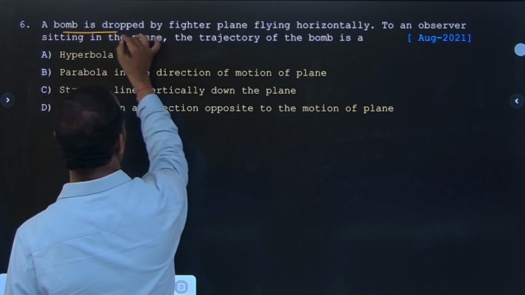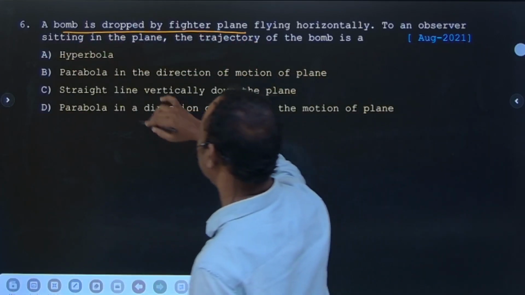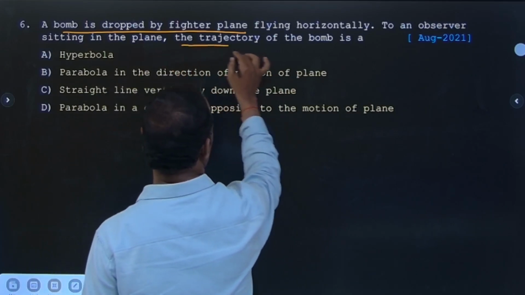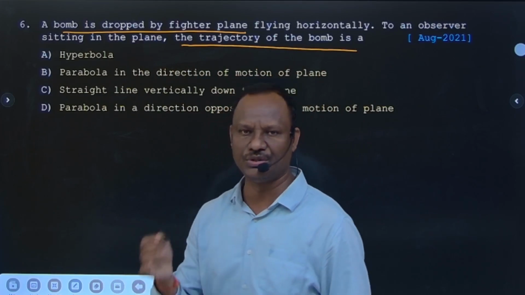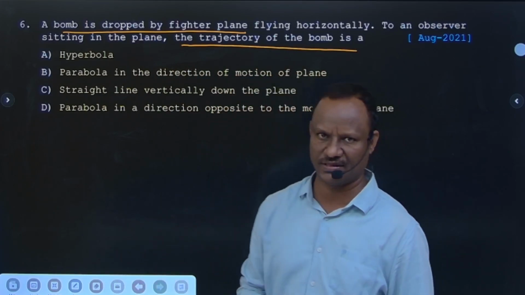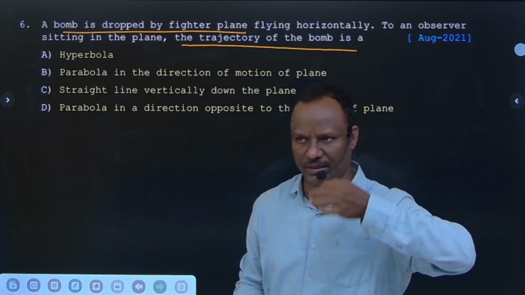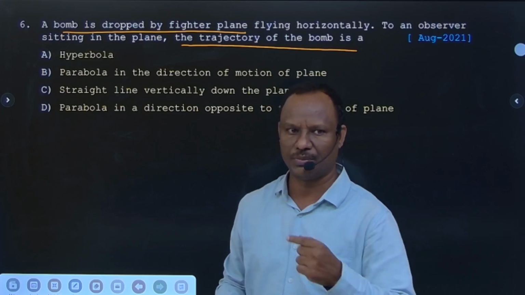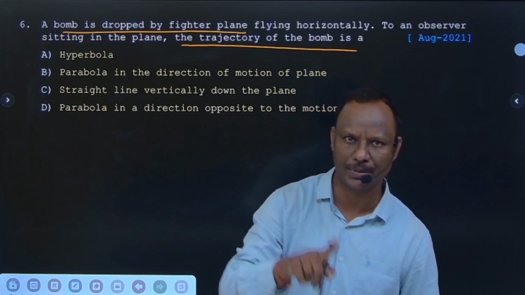A bomb is dropped by a fighter plane. Yes, a bomb is dropped by the fighter plane flying horizontally, to an observer sitting in a plane. So what is the trajectory of the bomb? See, one thing you remember, due to different frames of reference. When a bird leaves a fruit from its beak, for the bird it appears like a straight line path, but for the person standing on the ground, it appears parabolic.